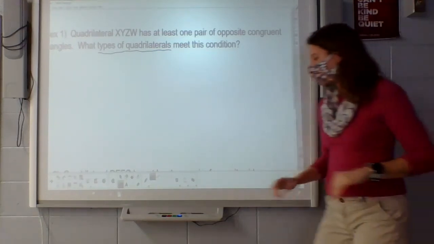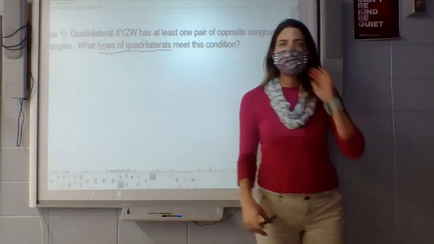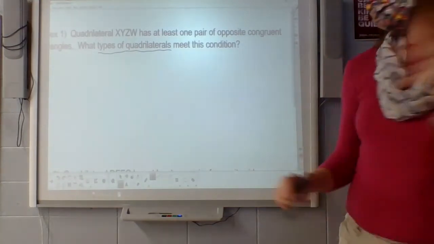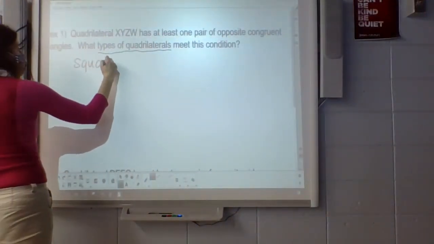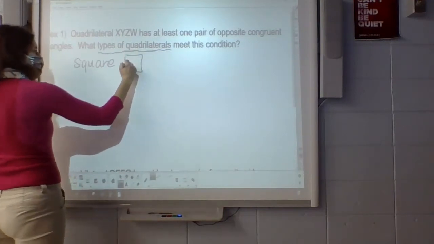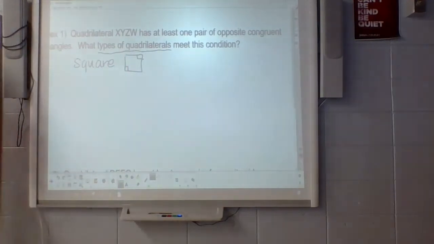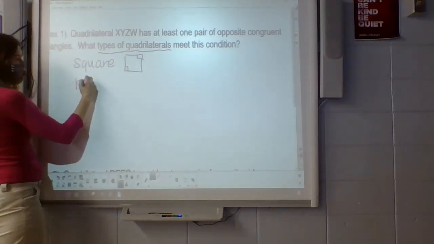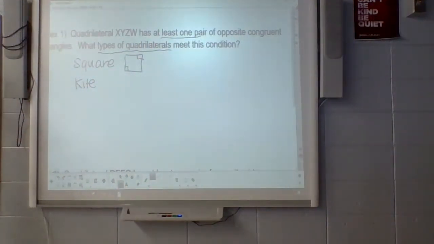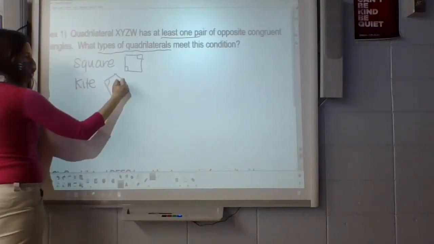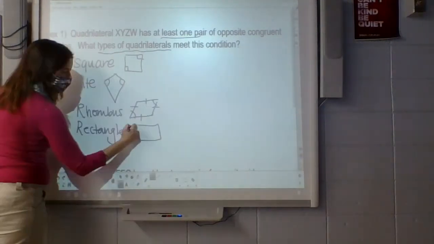All right, someone give me one. I heard square. So square has those opposite right angles, so yes, that works. Actually, it's two of them. I heard kite. So kite is the one that has at least one pair, so it has one that works. Kite only has that one set of equal angles, but that does work.